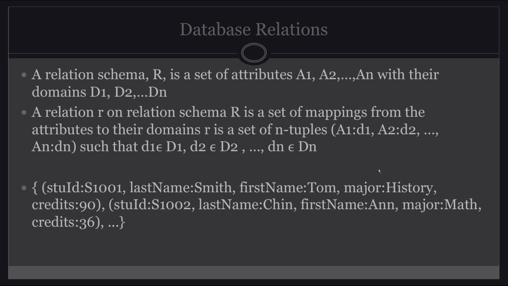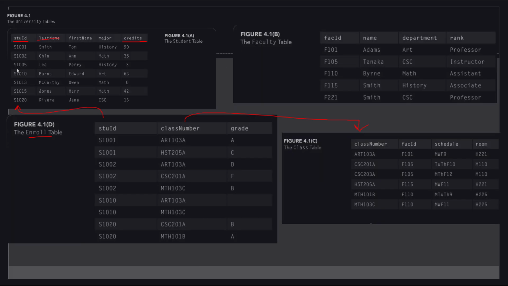Okay, and then the relation is the set of all tuples that map student ID to an element of the domain D1, last name to an element of domain D2, and so on. So the first tuple here maps student ID to the value S1001.